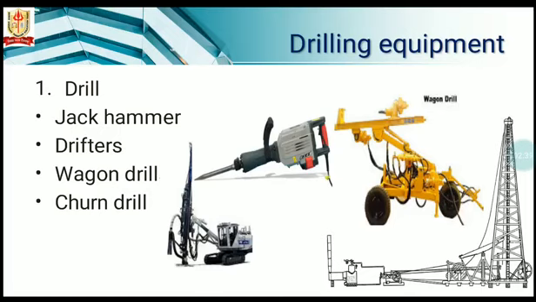The compressed air is passed through the hammer, which causes the piston to reciprocate at a speed of up to 2200 blows per minute, which produces the hammer effect. The energy of this piston is transmitted to the bit through the drill steel.